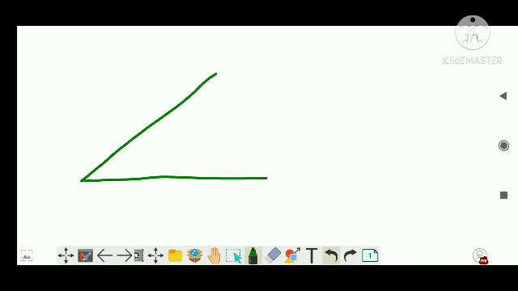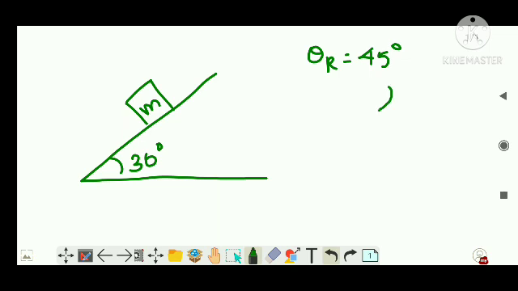Suppose this is your inclined plane at 30 degrees, and there is a block of mass M here. Suppose you are given that the angle of repose is 45 degrees, and you are asked whether the body is at rest or in motion, and whatever the case may be, what the frictional force and the acceleration will be.